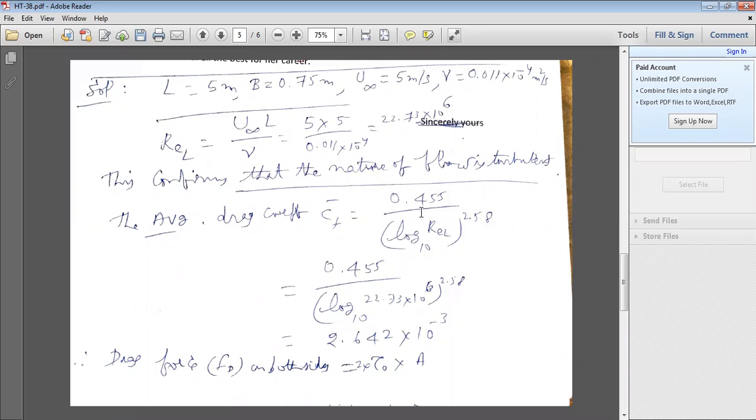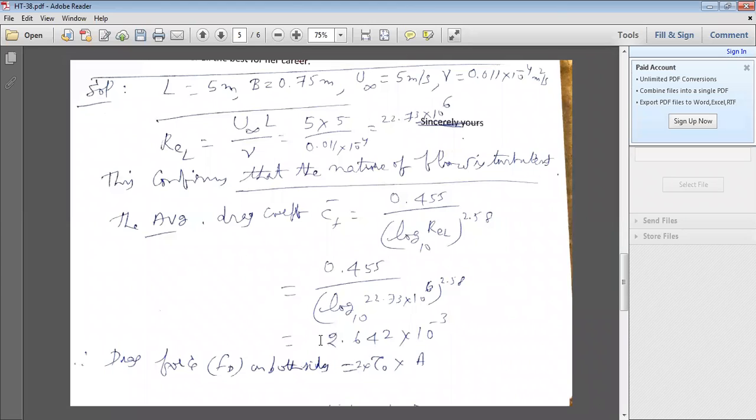That is equal to 0.455 divided by log, what is the REL value? 22.73 into 10 power 6, to the base 10, whole to the power 2.58.